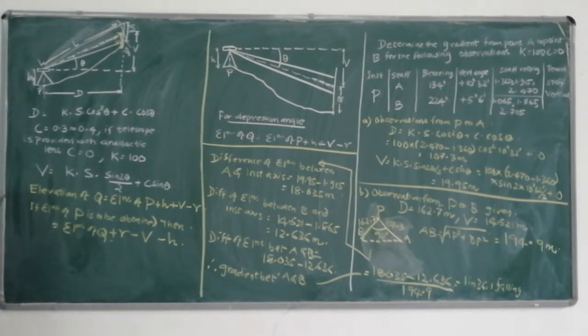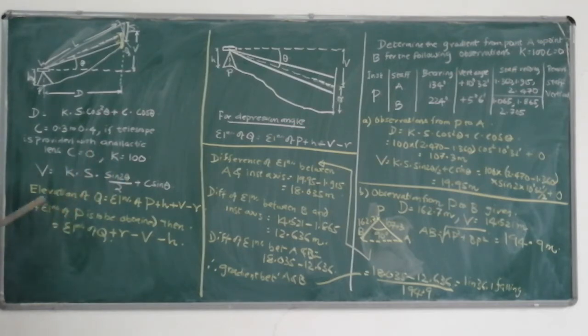But if you have a telescope in which an analactic lens is provided, what is an analactic lens? An analactic lens is a convex lens which is fitted in the telescope between the objective and the eyepiece, at a fixed distance from the objective. When you provide this analactic lens, the value of C will be 0. The value of K is a constant, that is 100.